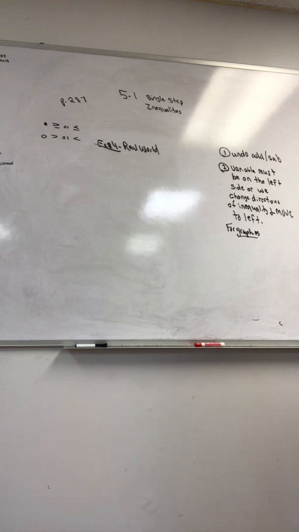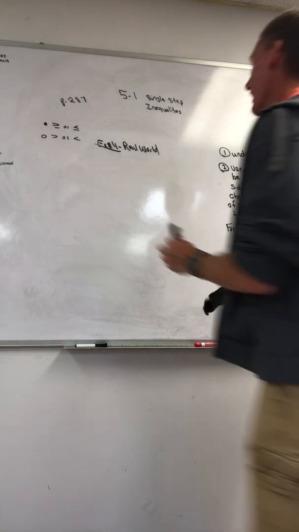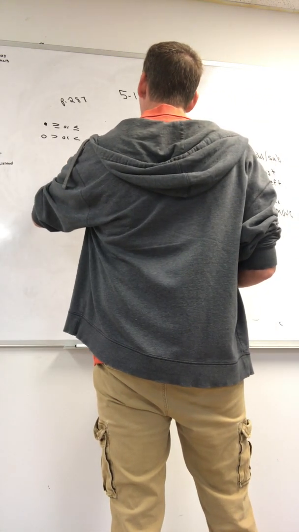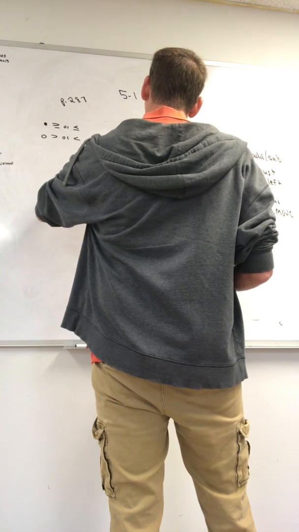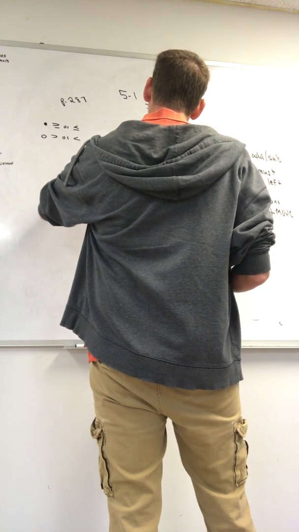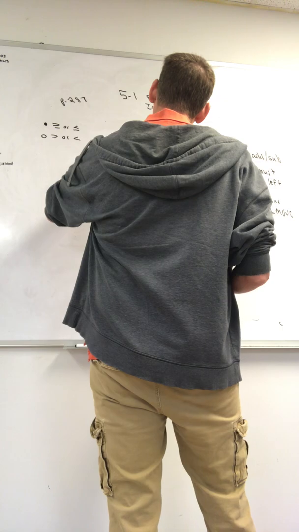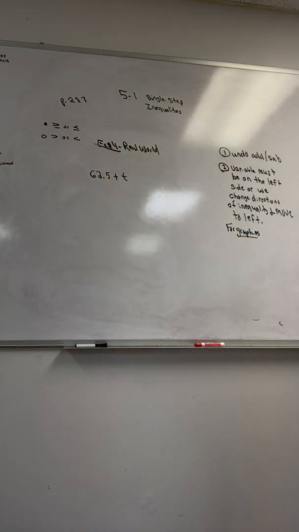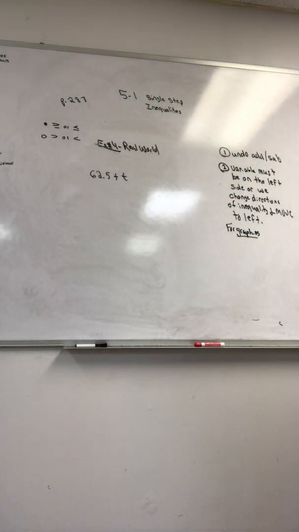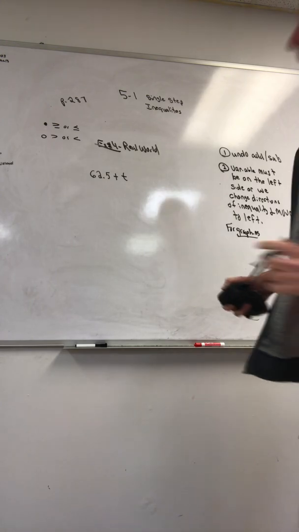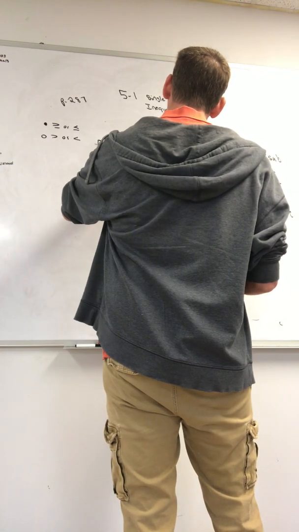Currently, it's 62.5. How much warmer does it need to be? Okay. His current temperature is 62.5. T for temperature. I'll change that to an X though. And it says it has to be at least greater than or equal to 80.